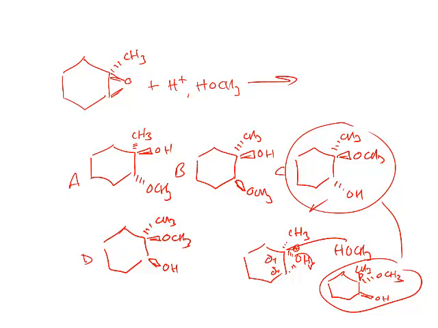Okay. So when we open up epoxides using acid, the OH will end up on the carbon that's least substituted, and the nucleophile will end up on the carbon that is most substituted. Right. The OH will end up on the carbon that's least substituted.